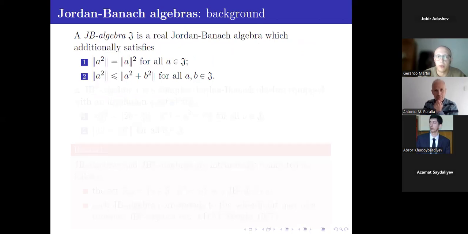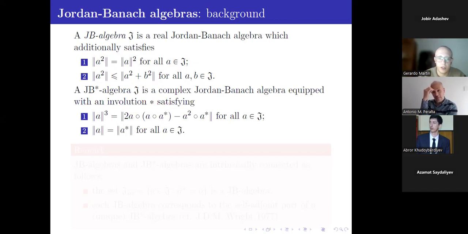For example, the JB algebras, which are those Jordan Banach algebras satisfying this identity related with the square of any element and also this inequality. In case this space is equipped with an involution and satisfies that the norm of the involution of the element and the norm of the element are the same, and also this identity, we have a JB-star algebra.